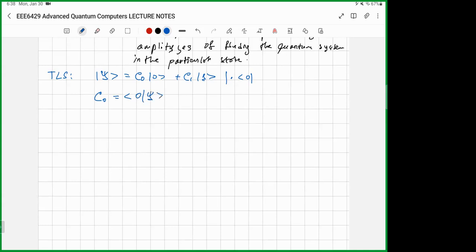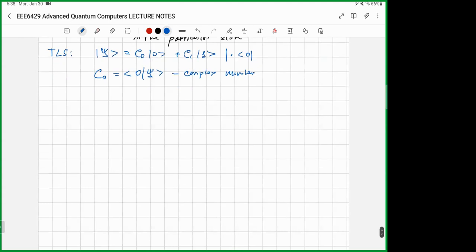So this C sub 0, this product, is a complex number. Sorry for my handwriting. A complex number cannot represent a probability, because probability is always a number from 0 to 1.